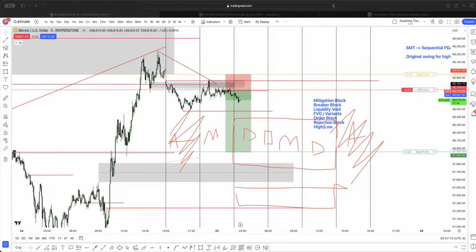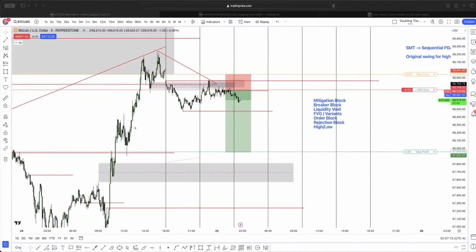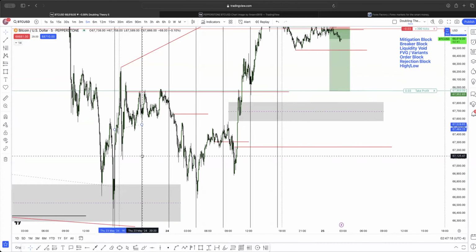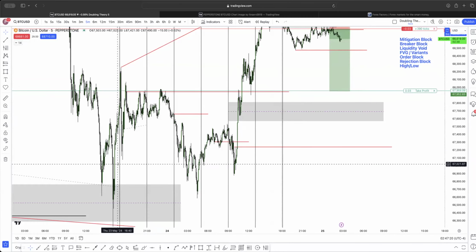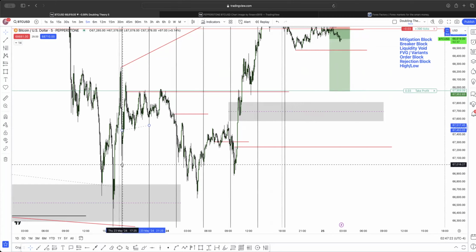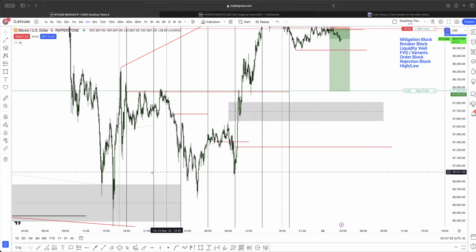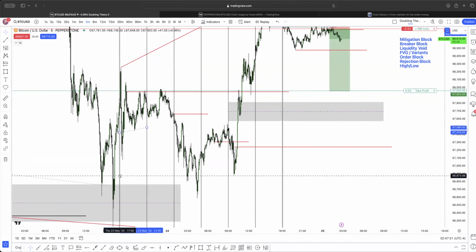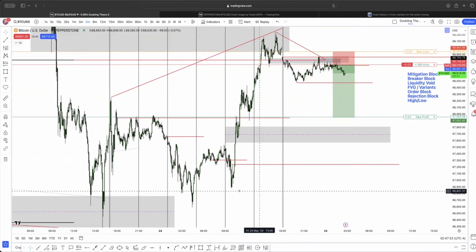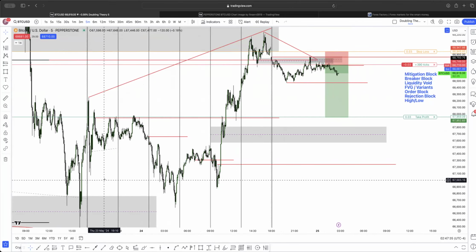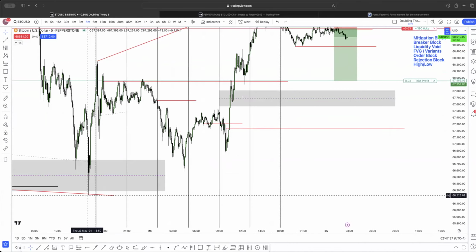Now, if you take into consideration what happened yesterday, take yesterday's price action. We're taking 6 o'clock to 6 o'clock. What do we have here? Well, I saw that there was SMT right there, right?